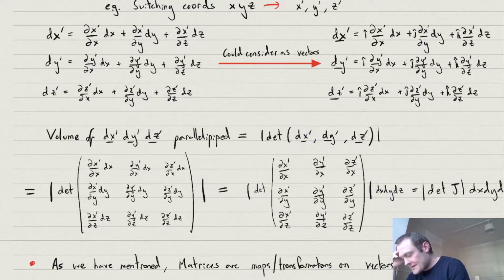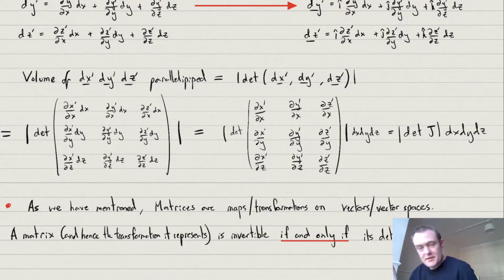So if the dx prime is a vector, then we can write its components. So it's i component in the top, j component, k component, and then the same thing for the dy prime, the x component, y component, z component, and same thing for the dz prime. So we calculate that determinant, and one thing about determinants is we can take common factors out of rows.